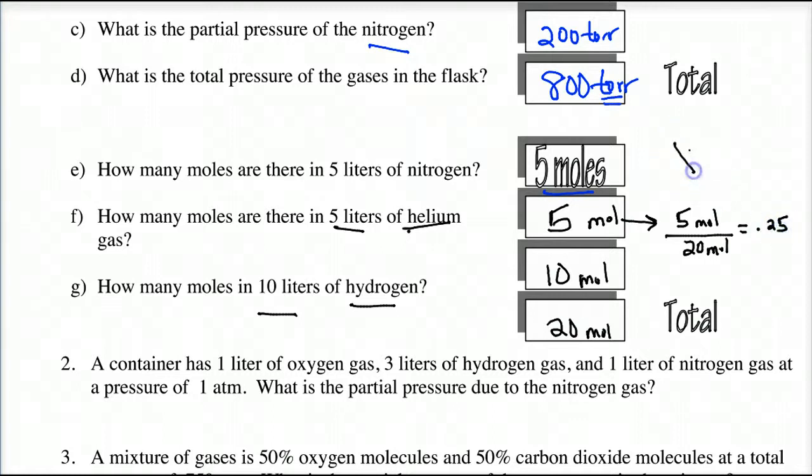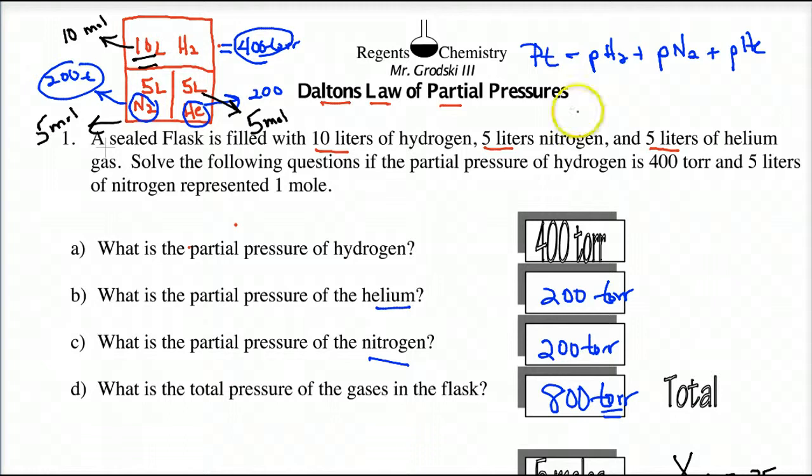This is called the mole fraction, big X is for mole fraction, of helium, and it's equal to 0.25. Notice there are no units because the moles cancel. It's a dimensionless unit. So the mole fraction of helium is 0.25. That means a quarter of all the particles in this container is due to the helium. Therefore, a quarter of all the pressure is due to the helium. Notice 200 is a quarter of the 800 total.